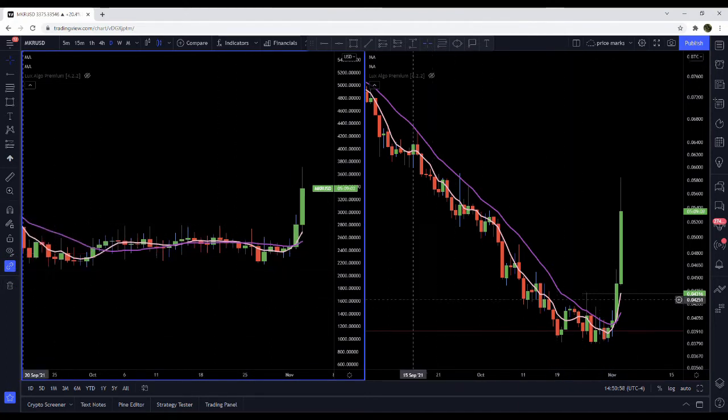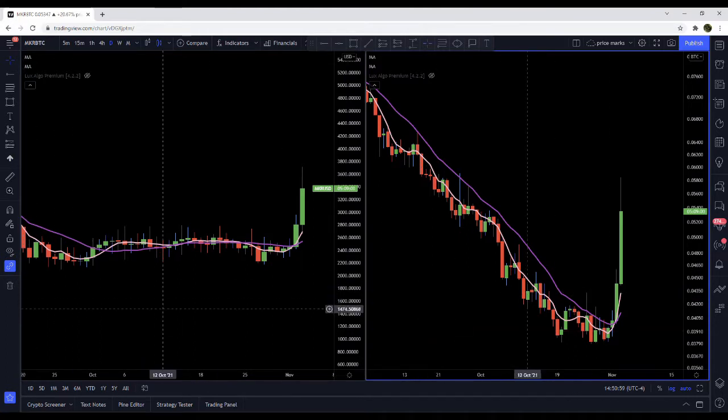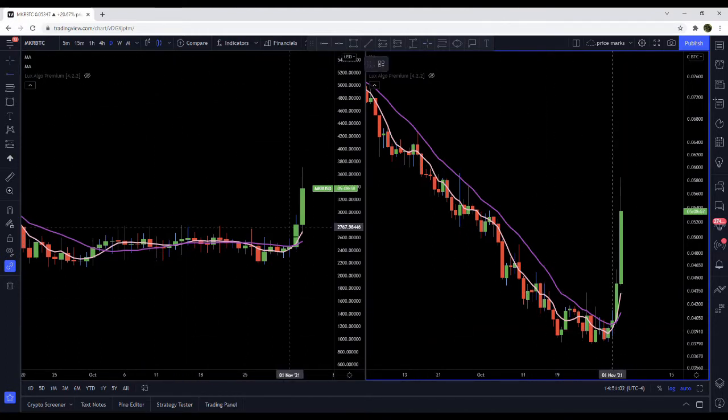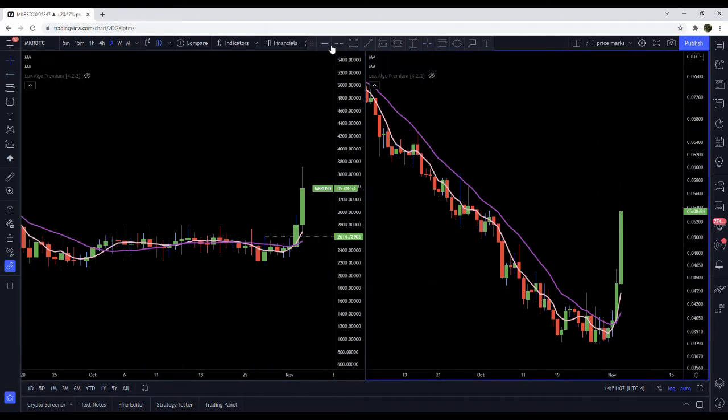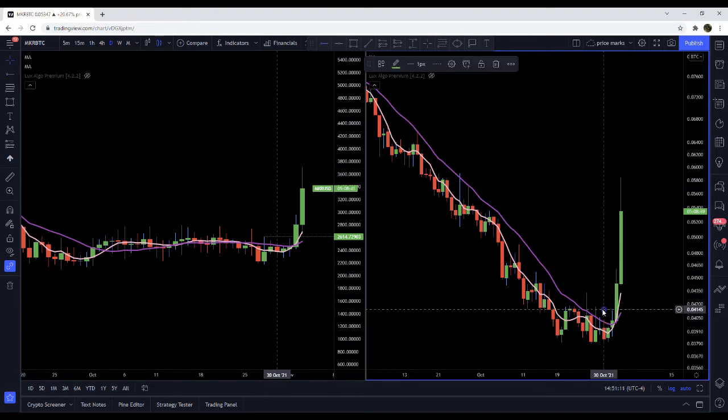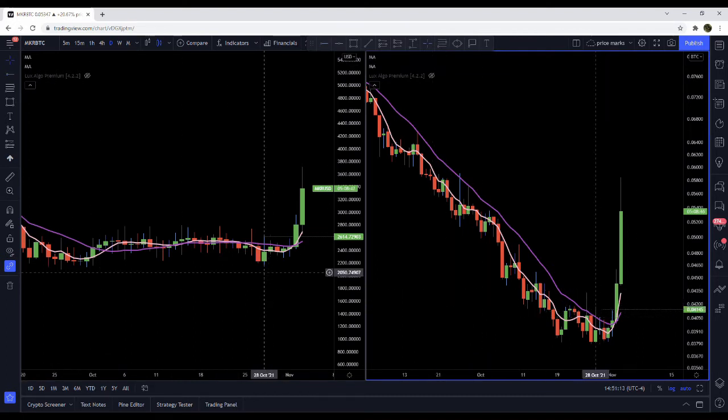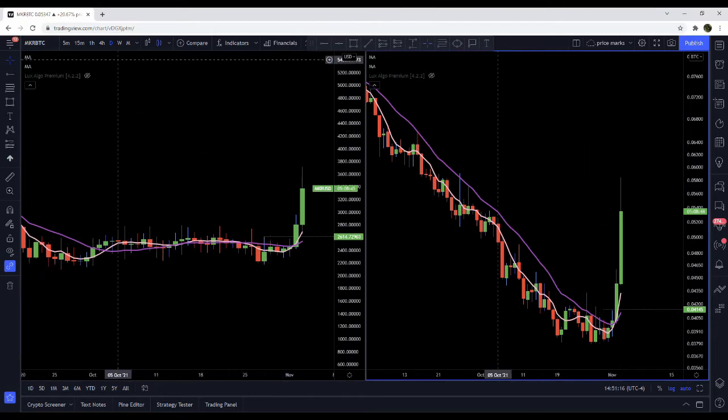Now, let's get rid of those. Let's add them on our daily. There's our daily structure. Here's our daily structure. Let's take them down to the 4 hour.